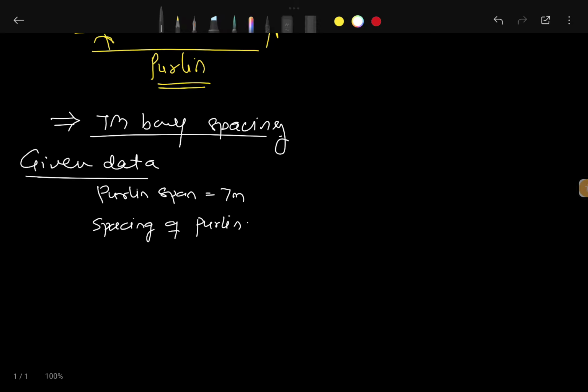Spacing of purlin is 1.5 meter, which we have assumed. Roof slope: here we consider roof slope 10 degree.